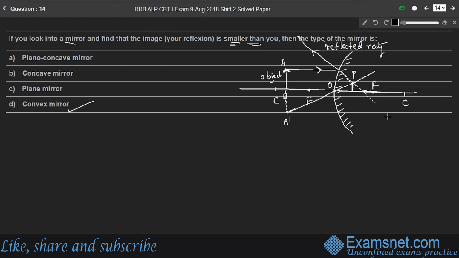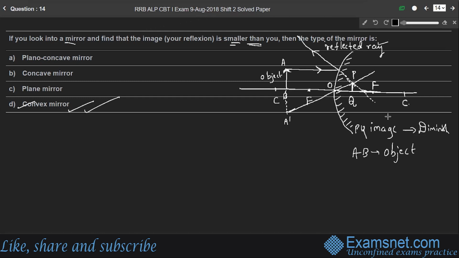Let it be PQ. This PQ is the image of the given object. PQ is the image and AB is the object. Here the type of the mirror is convex mirror. PQ is smaller than AB. So in case of convex mirror, we always get a diminished image. Image is diminished or smaller. So option D is the right answer.